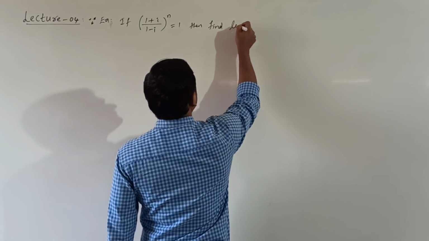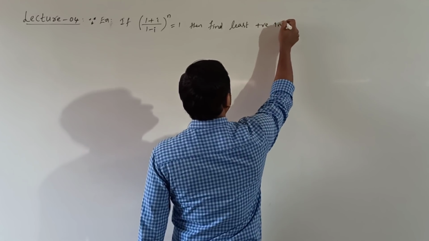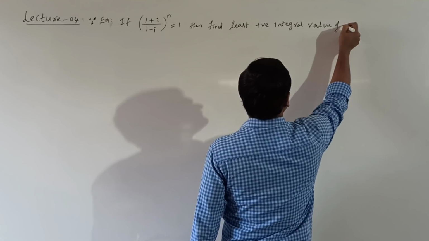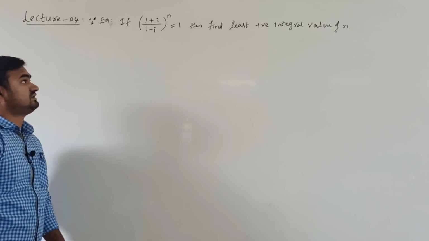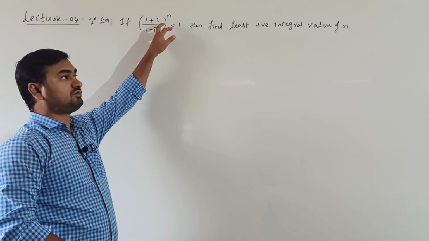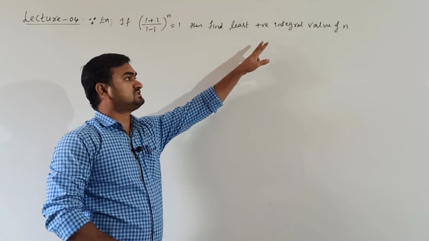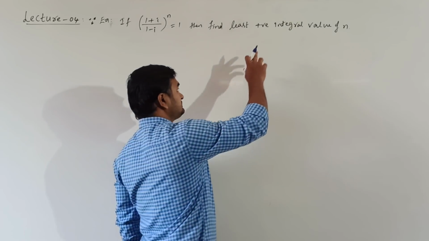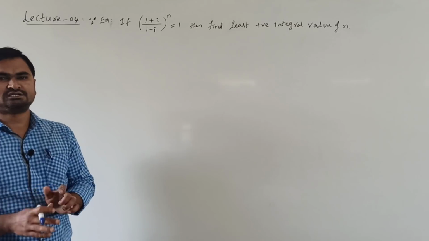Find the least positive integral value of n. So when it is given that this complex number (1 plus i by 1 minus i) whole to the power of n is equal to 1, we have to find the least positive integral value of n. n should be positive, an integral value, and the least value.